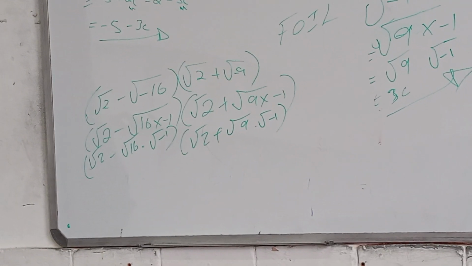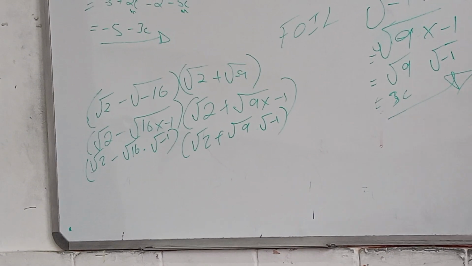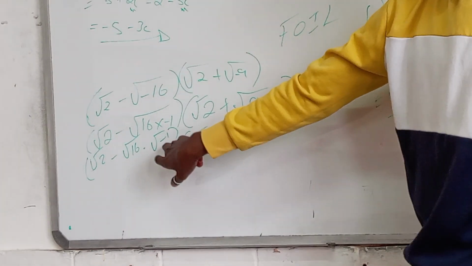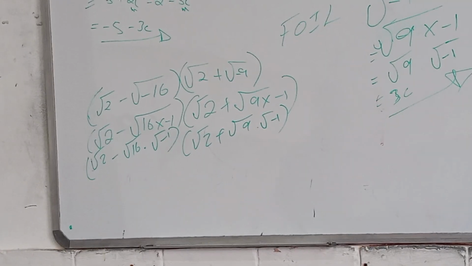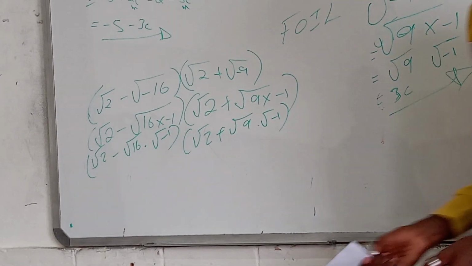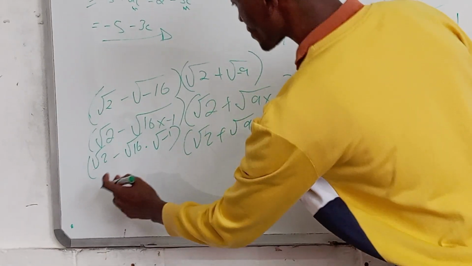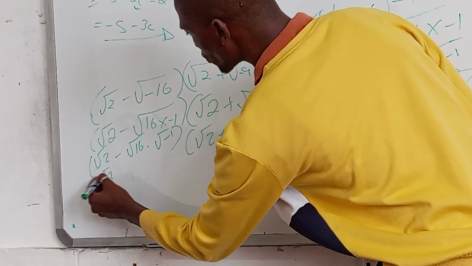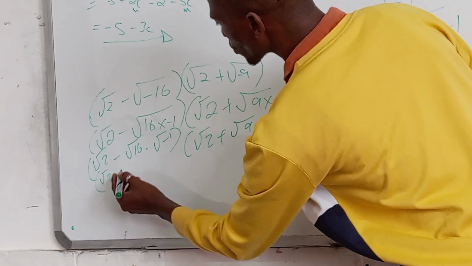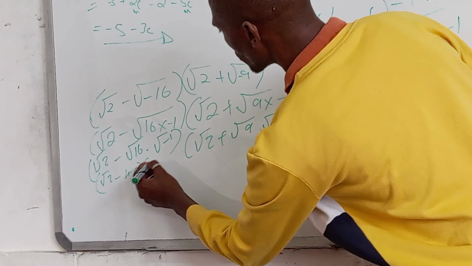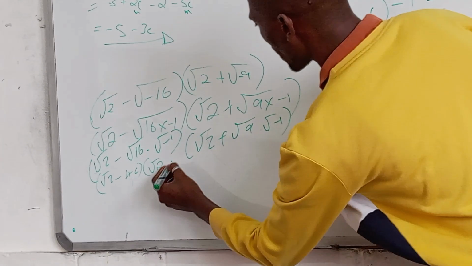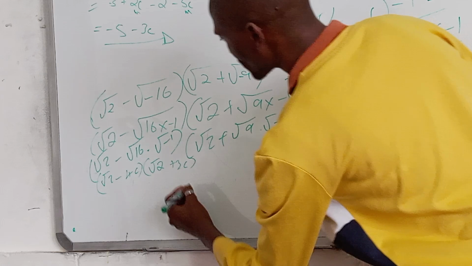So here I'm sure you can see what will happen first, right? Just like we talked about, the square root of negative 1 is equal to I. So here we can just say 2 minus, this one will be 4I, and this will be square root of 2 plus 3I, right?